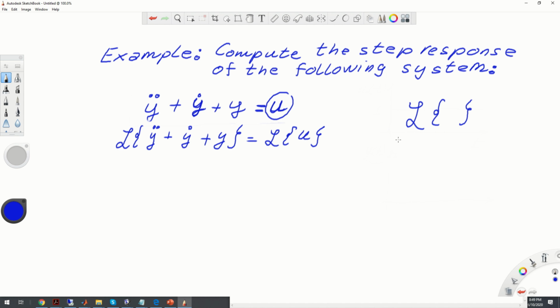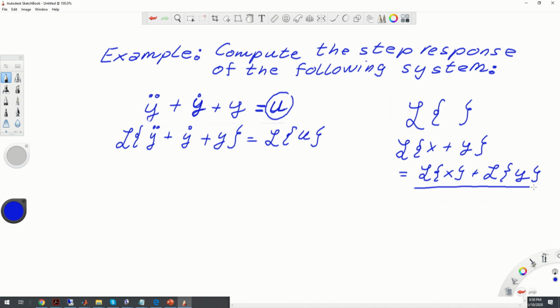It means that the Laplace transform of two functions x plus y is actually equal to the Laplace transform of x plus the Laplace transform of y. It is a linear operator for which the superposition principle holds true.